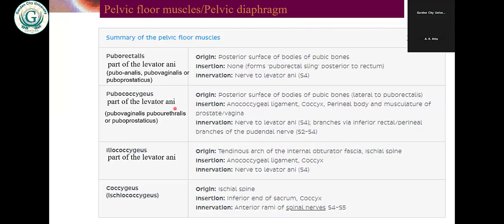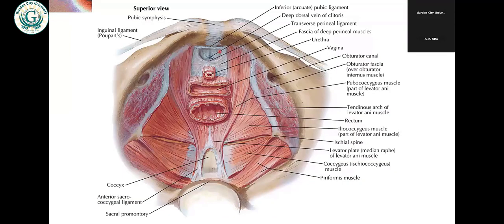So let me show you the image proper. Once again, this is the sacrum. These are the two hip bones. So these muscles forming the pelvic floor are what we refer to as the pelvic diaphragm. Let me put some numbering over there. I'm naming this one 1, this one 2, and this one 3.